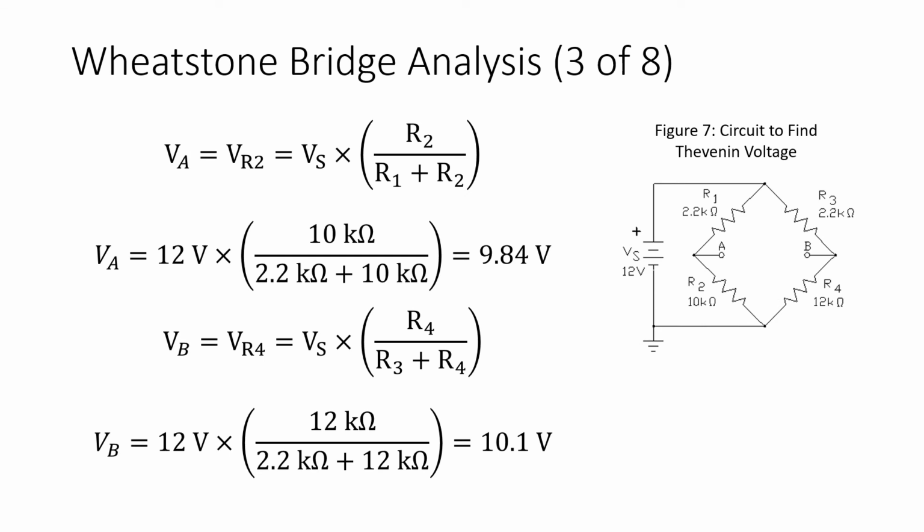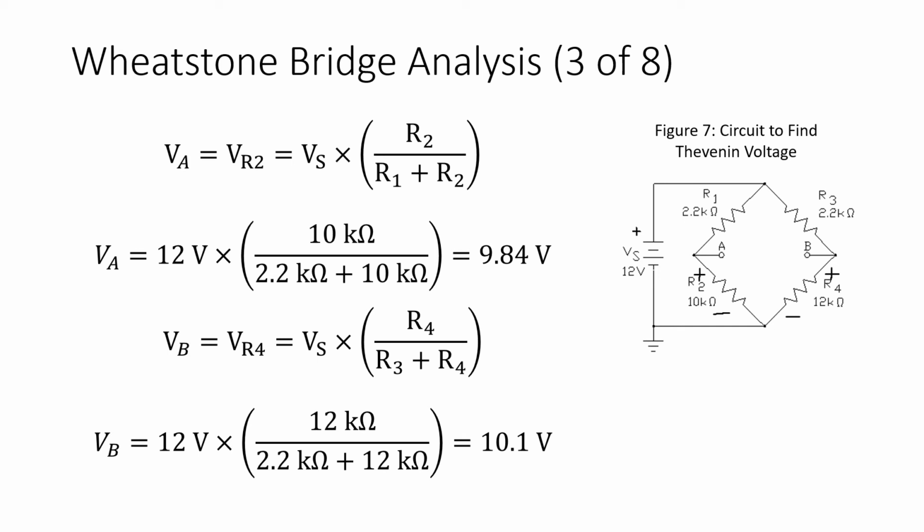So we can calculate the voltage at node A, which again equals VR2, using the voltage divider formula, V source times R2 over R1 plus R2, which gives us 9.84 volts. And the voltage at node B equals VR4, which can be calculated again using the voltage divider formula, V source times R4 over R3 plus R4.